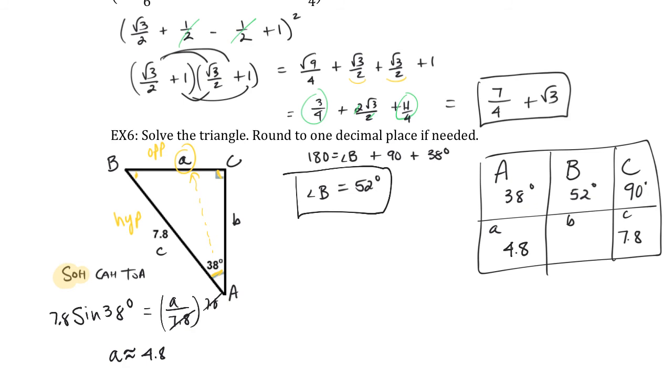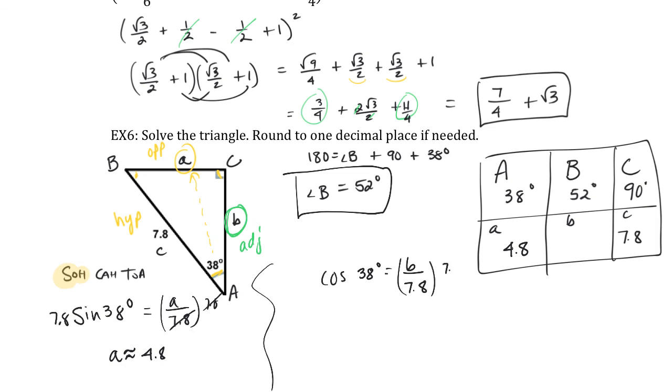Then we can use either trig or the Pythagorean theorem to get that last side. Just to show you, from angle A, this would be adjacent, and I have the hypotenuse, so I could also use cosine. Cosine of my angle is adjacent, which would be B, over hypotenuse, which is 7.8.